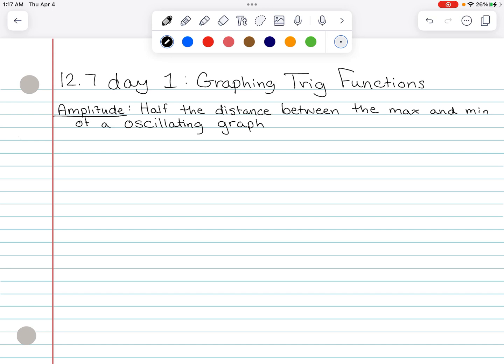Now, oscillating literally just means that it's bouncing back and forth between two numbers.